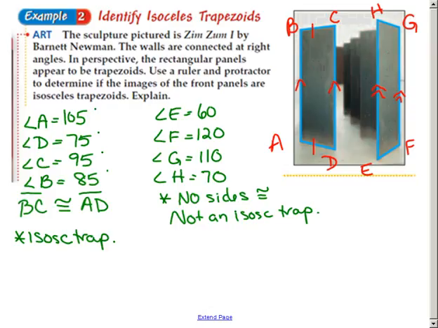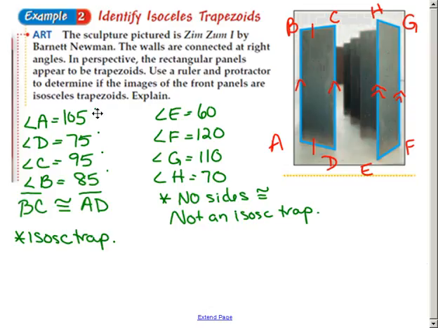While reviewing the measurements, we see that our figure ABCD would be considered an isosceles trapezoid. We have two segments that are congruent to each other, and we also have a set of parallel lines. We can tell that they're parallel because we have consecutive angles that are supplementary.